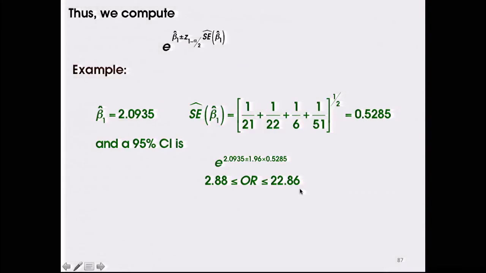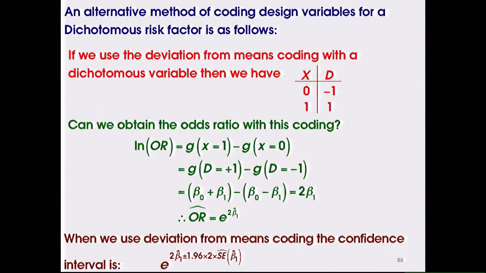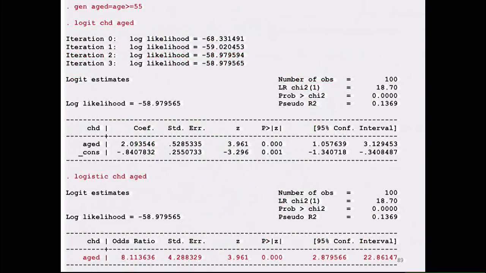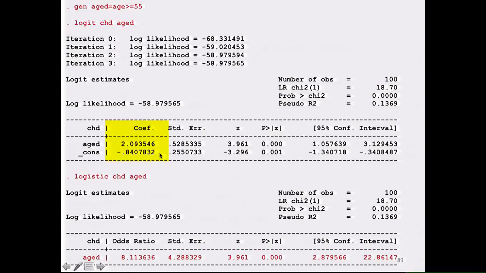So we build our confidence interval based on the log odds ratio, which is more normally distributed, more symmetric, and then we exponentiate to get the confidence interval for the odds ratio. This is a commonly used technique, and it is essentially what Stata does: it computes the confidence interval for the log odds ratio and exponentiates the endpoints to give us this table when you say logistic.